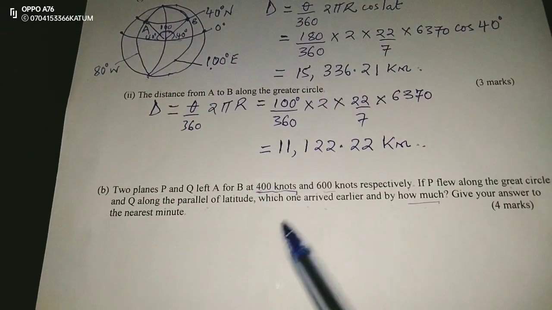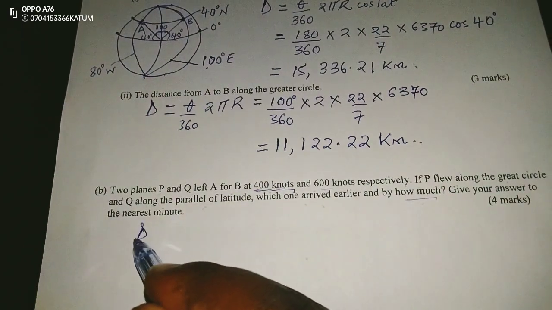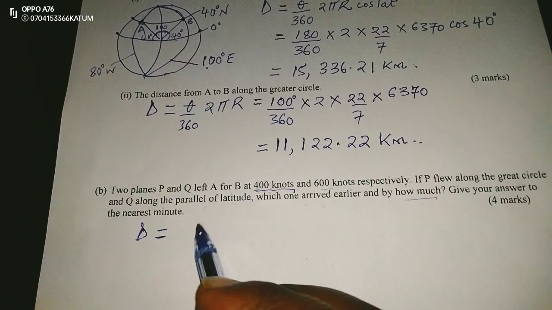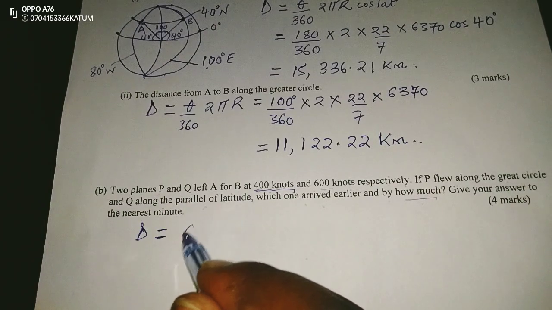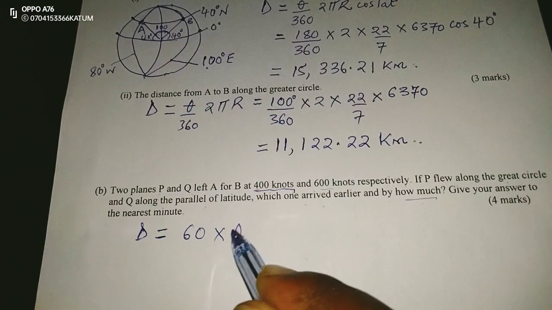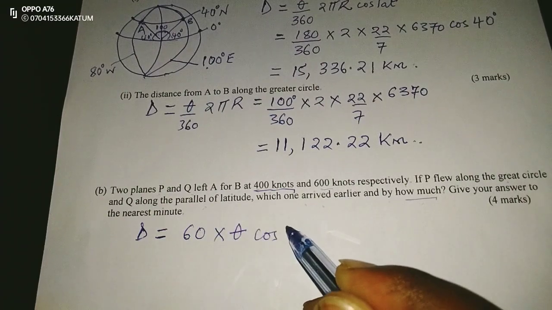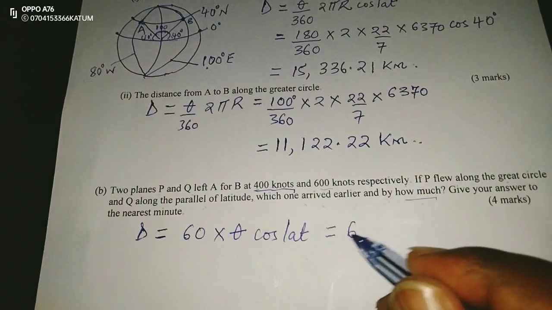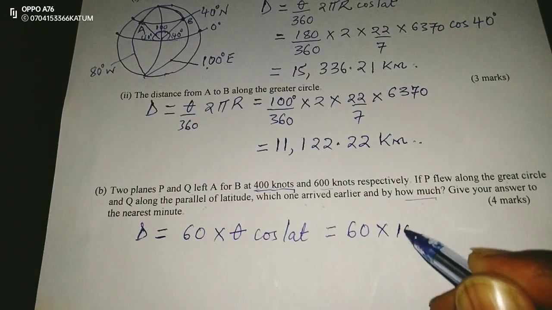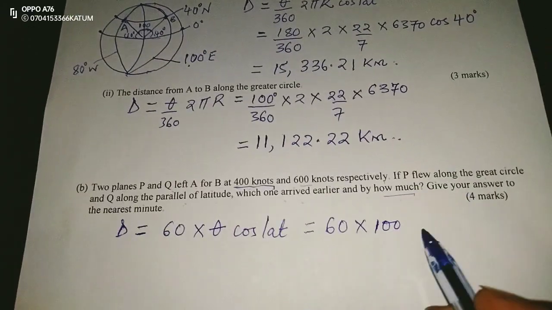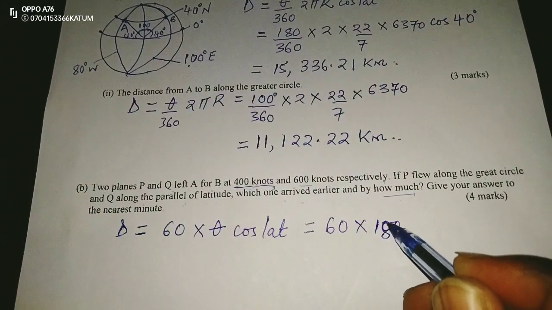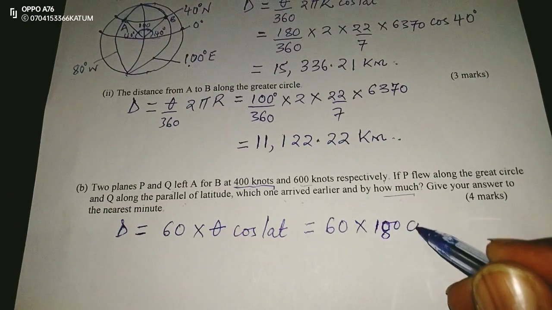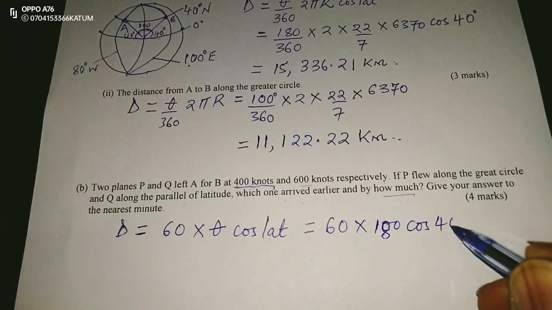Along the parallel of latitude, distance is given by 60 times theta, cosine of the latitude, whereby I'm going to have 60 times 180, sorry, the angle difference is 180 from A to B, cosine of 40.